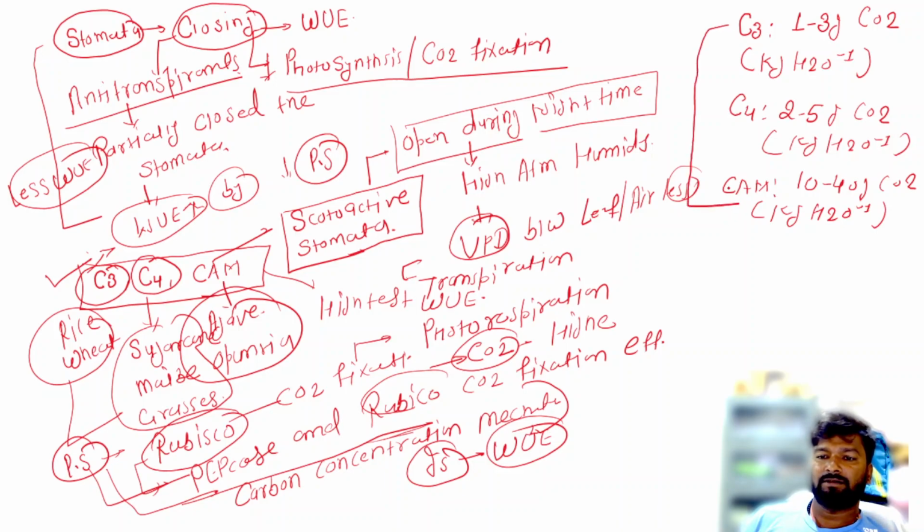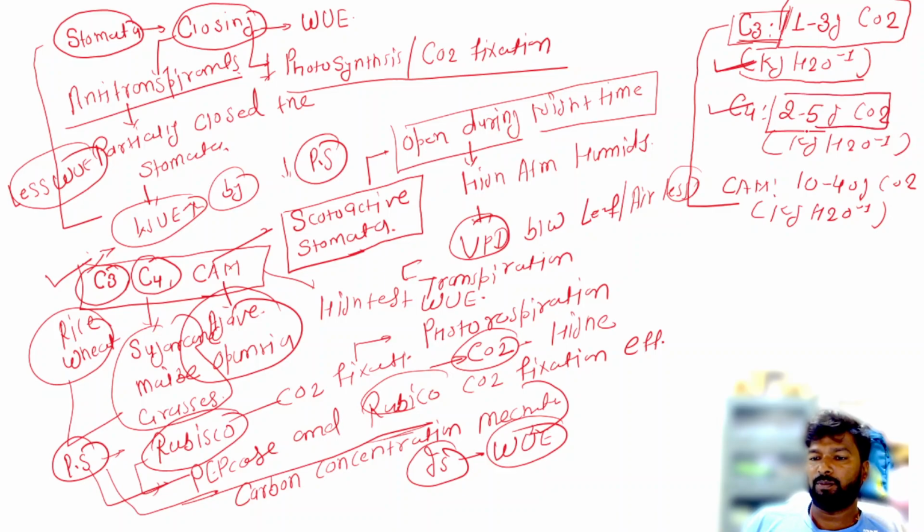So what does this mean? This means that C3 plant fixes only 1 to 3 gram of CO2 by the transpiration of per kilogram or per liter of H2O. Okay. And C4 have high efficiency. They fix 2 to 5 gram of CO2 per kilogram of H2O. And CAM plant have the highest water efficiency. It varies from 10 to 40 gram of CO2 fixed per kilogram of H2O.